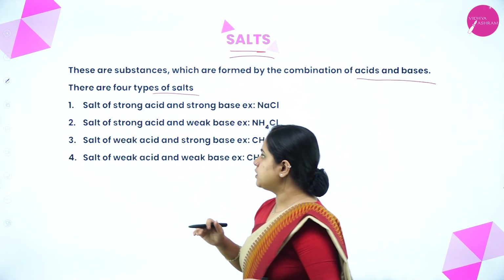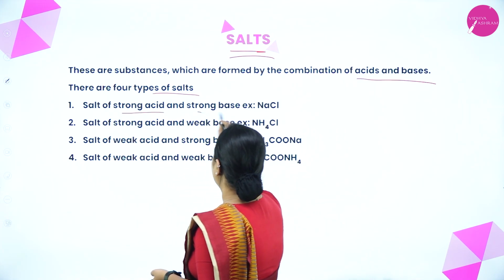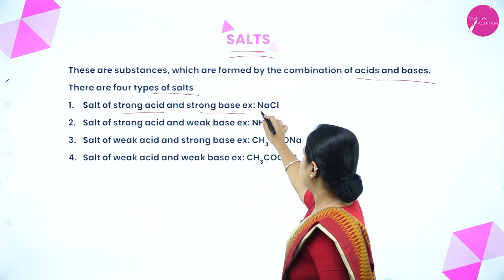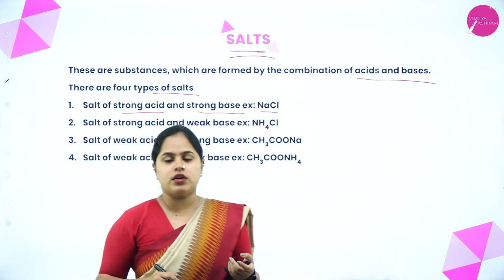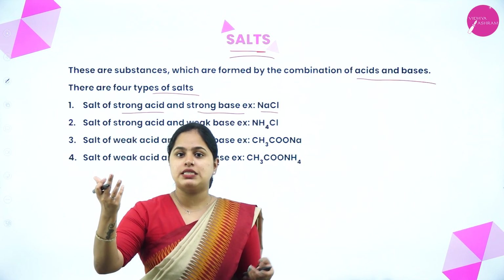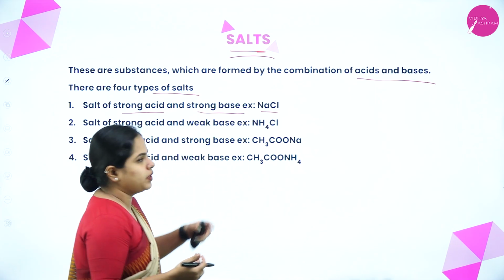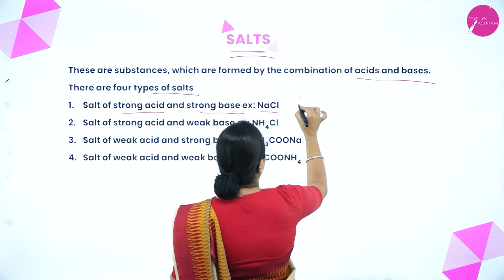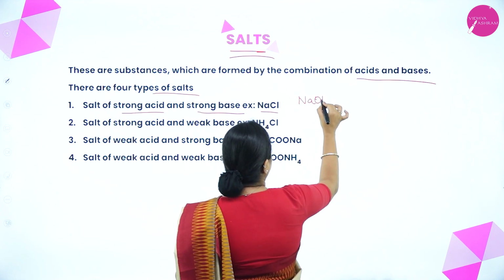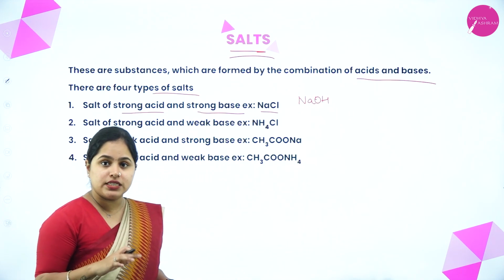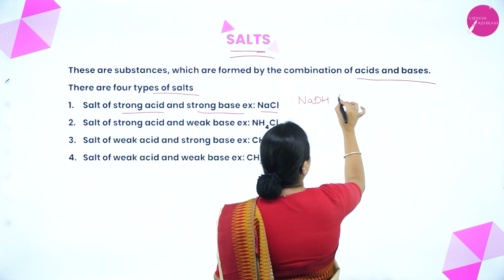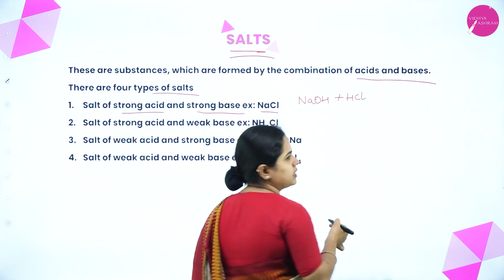One type of salt is formed from a strong acid and a strong base, like sodium chloride. The strong base here is sodium hydroxide and the strong acid is hydrochloric acid, HCl.